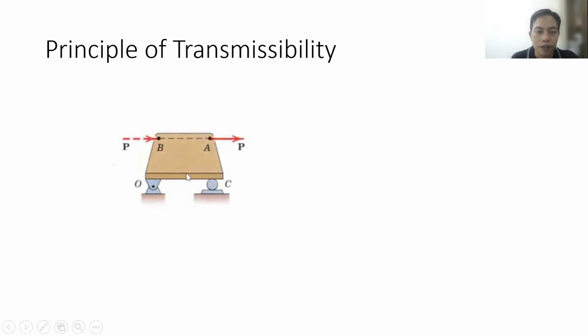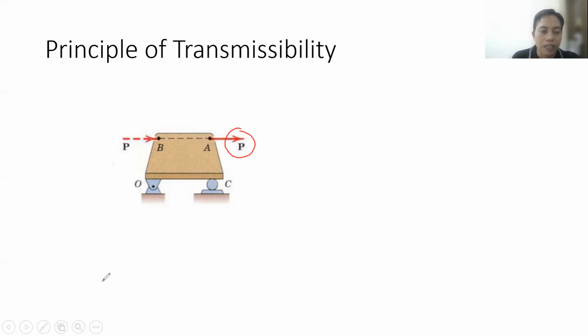Here we have the rigid body, and we have one single force P, which is directed to the right, forward, and it works at point A. Now this force has a line of action, which is represented by the dashed line. So it is the extent of the vector of force.